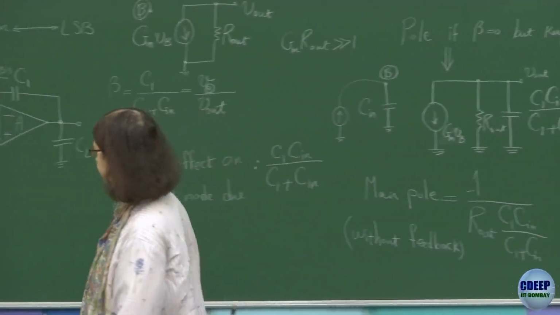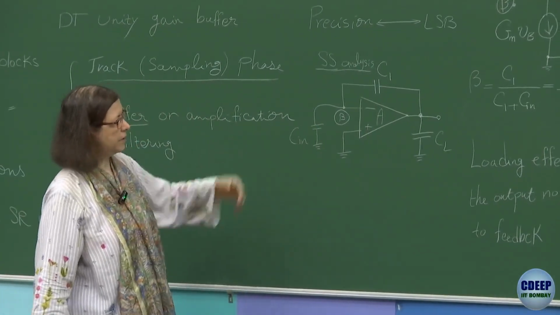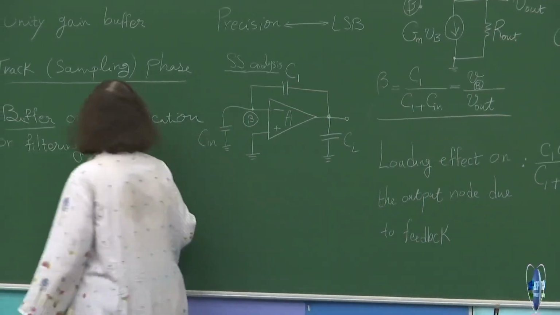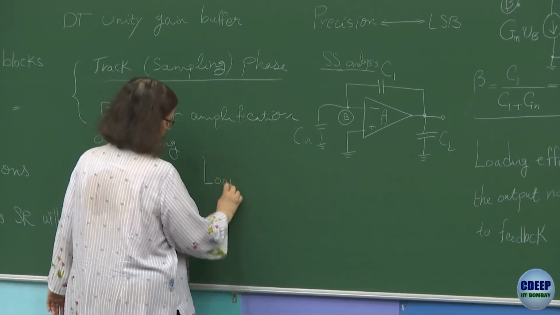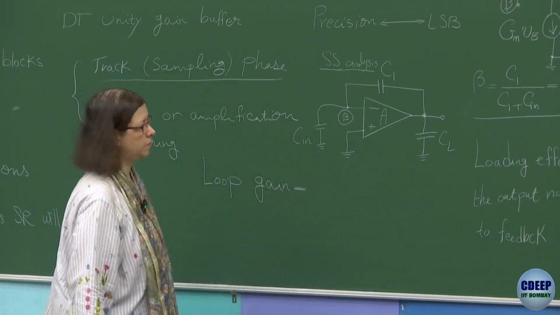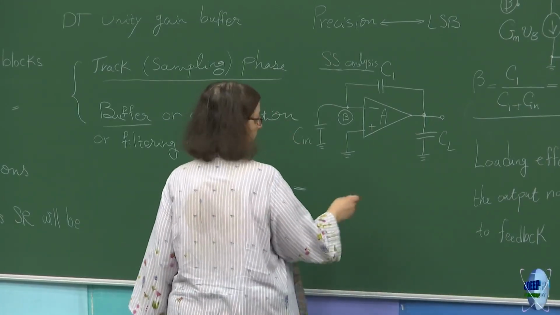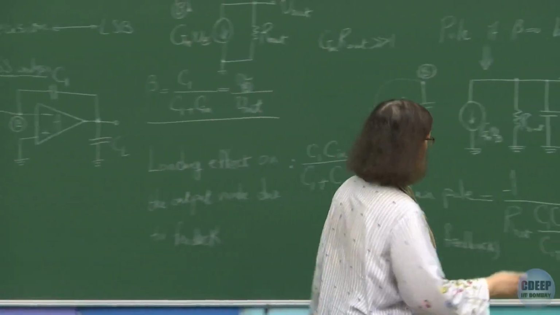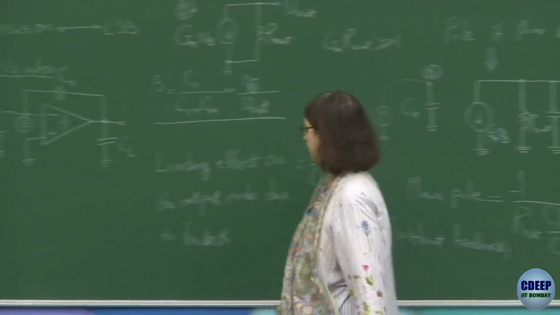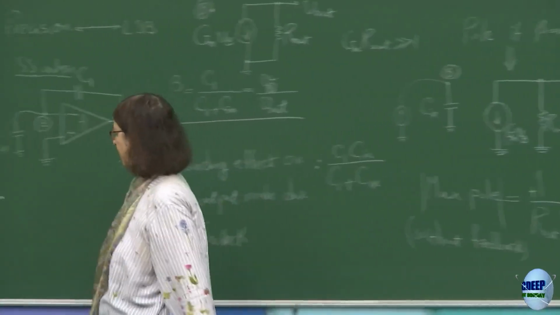Now, if this is the feedback network, and we already have the feedback factor, therefore we have the loop gain. So the loop gain is the voltage gain here. Let's call this pole P1. Let me make this absolute, so that everything is positive.